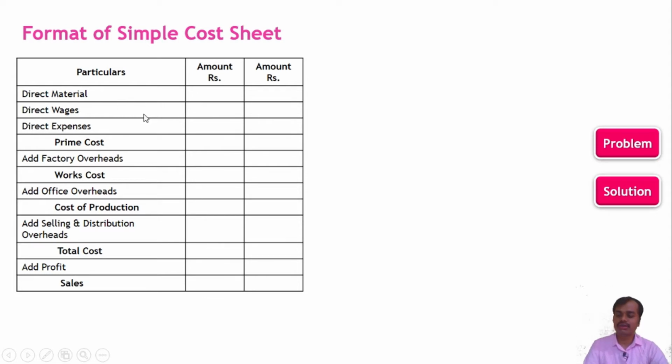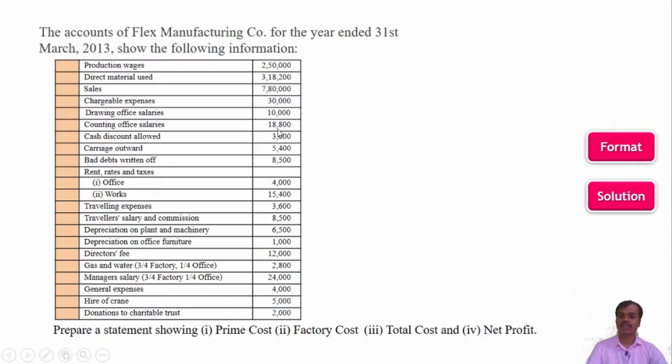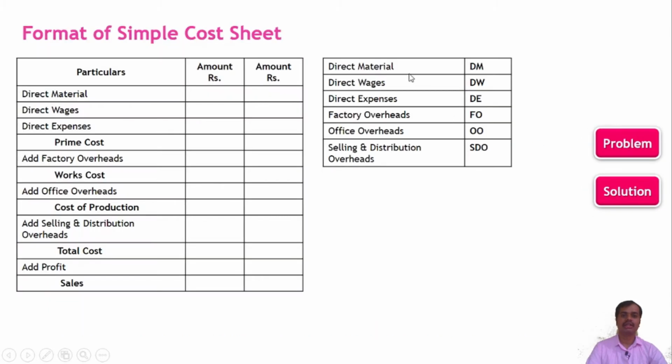If you observe this format, we get the 6 main heads of the cost sheet. These are direct material, direct wages, direct expenses, factory overheads, office overheads, and selling and distribution overheads. So friends, in this problem, all these items we have to bifurcate or distribute among these heads of expenses or cost.